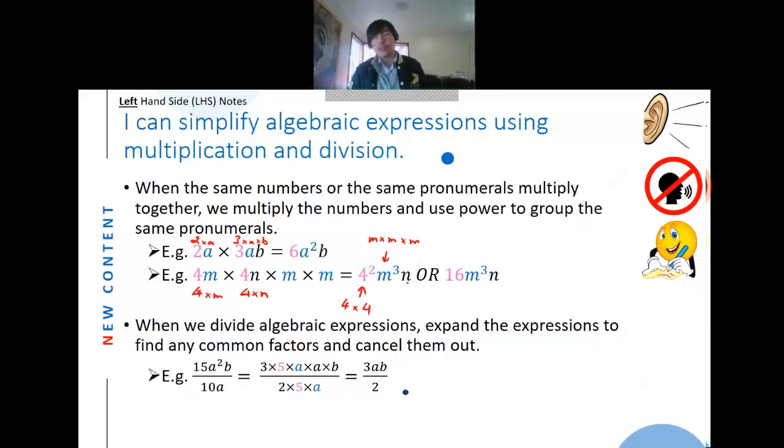Again, we only have one letter n. Now, instead of writing 4 squared, you can also write that as 16, because 4 times 4 is 16, and that's fine as well.